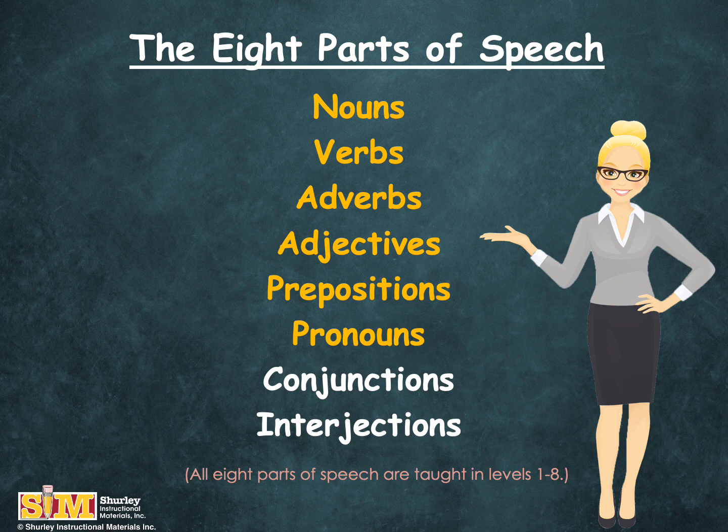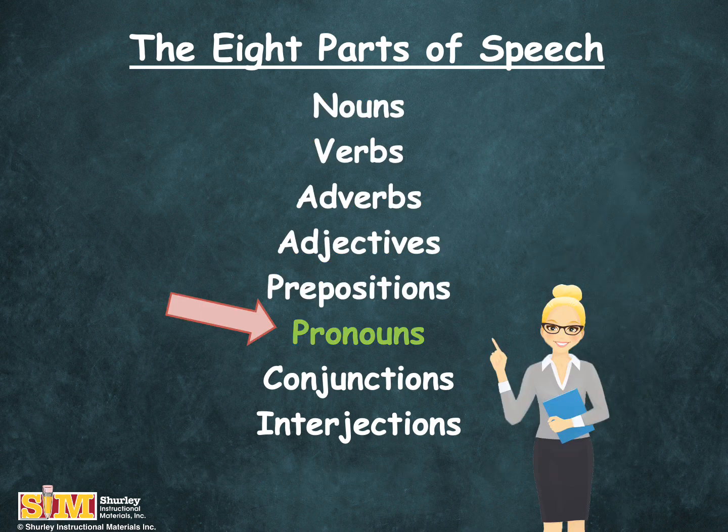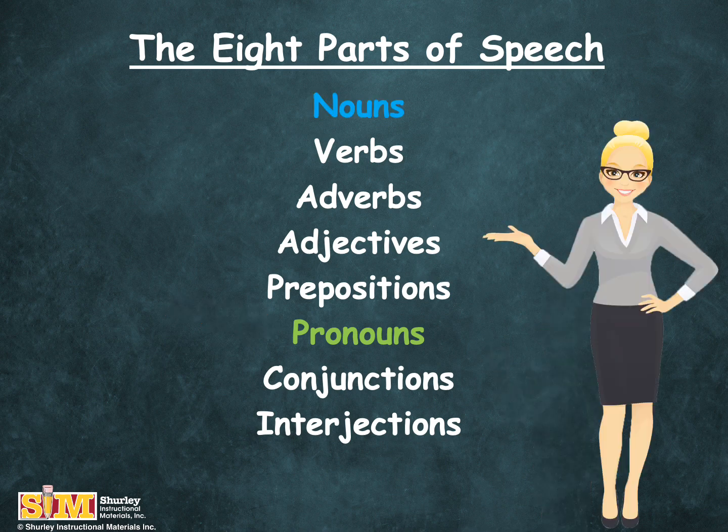By now, your students have learned 6 of the 8 parts of speech in English grammar. Before we discuss the invisible subject pronoun, or the understood subject pronoun you, we'll do a quick review of pronouns in general. To begin with, nouns and pronouns seem to be fairly simple for students to learn and recognize in sentences.